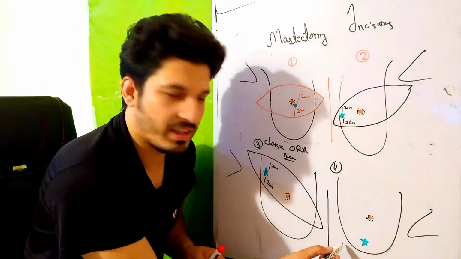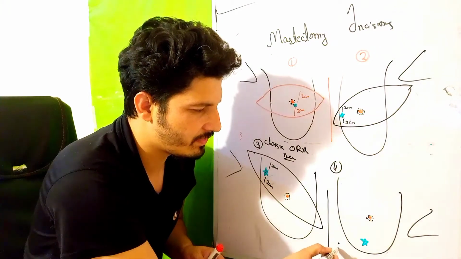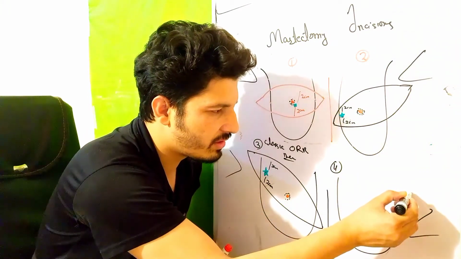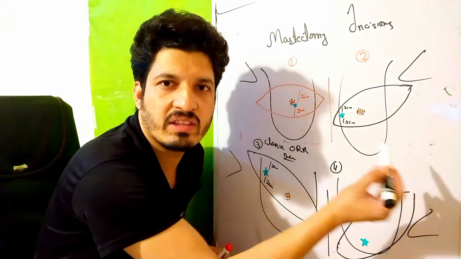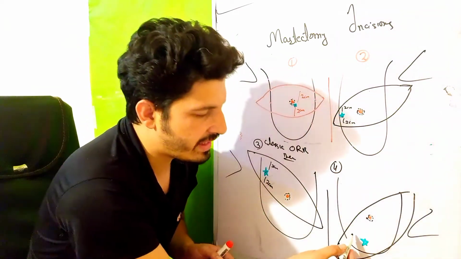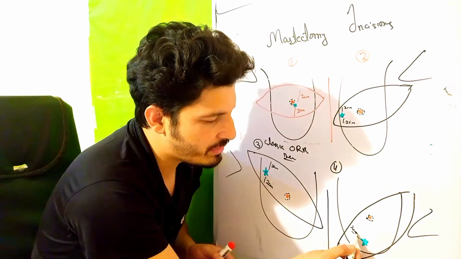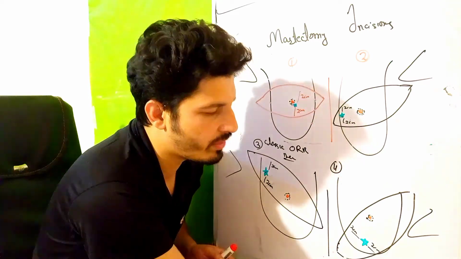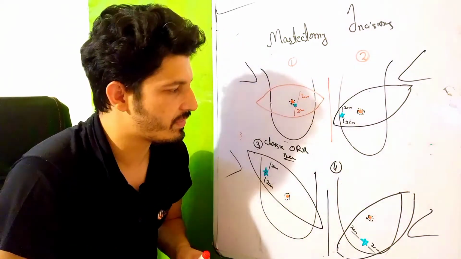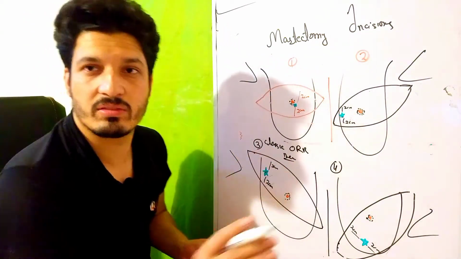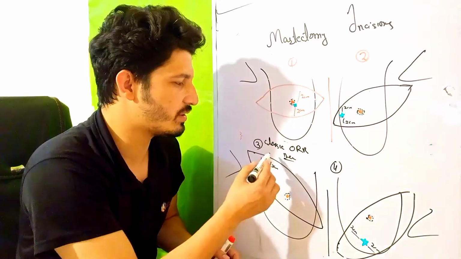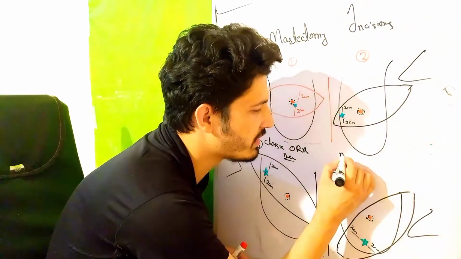Starting from this point and moving upward, to complete the incision like this, and again 2 centimeter above and below the lesion should be there. And this is known as the classical Orr incision. Sorry to say, this is not the classical Orr incision, this is the modified Orr incision.